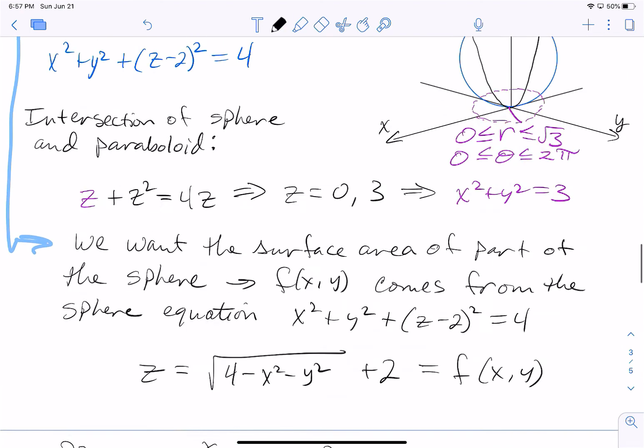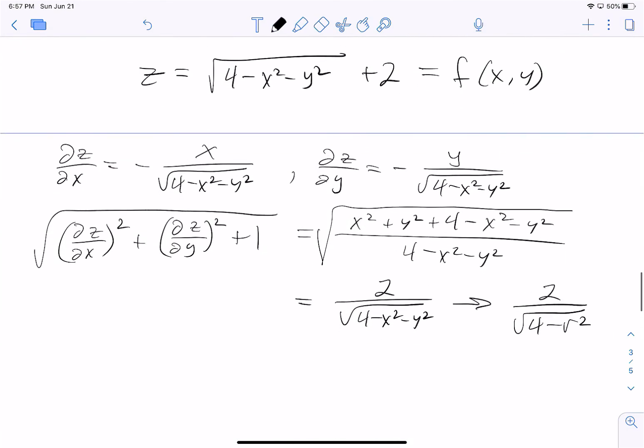This is just going to be a progress check for you here. The partial with respect to x is negative x over the square root of 4 minus x squared minus y squared. The partial with respect to y, same thing except negative y over the square root of 4 minus x squared minus y squared.